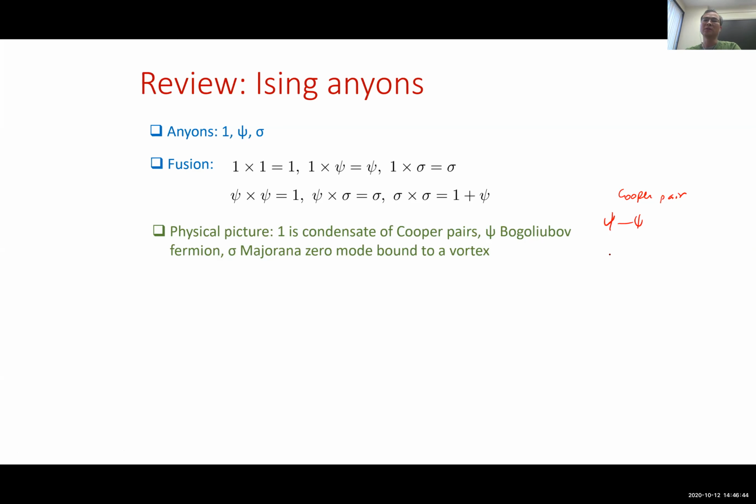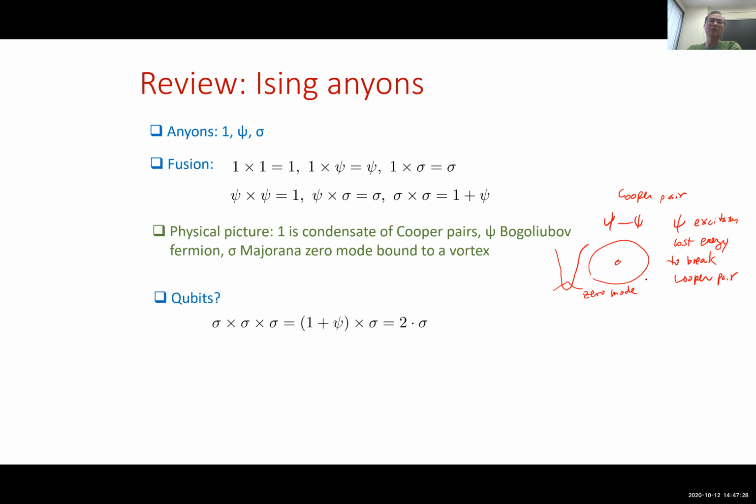And psi itself is an excitation because it costs energy to break the Cooper pair. And sigma is the Majorana zero mode bound to a vortex. We remember we have these vortices, and if you draw that, there is a zero mode here.